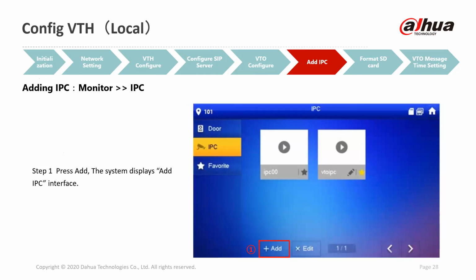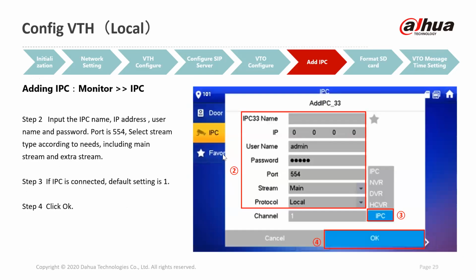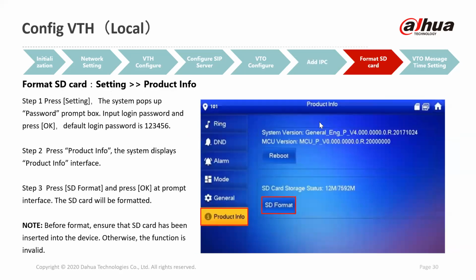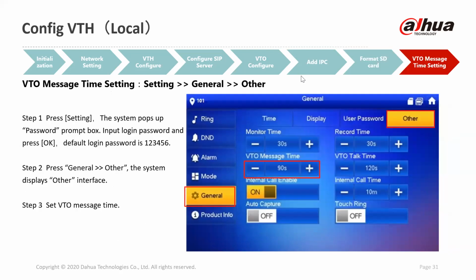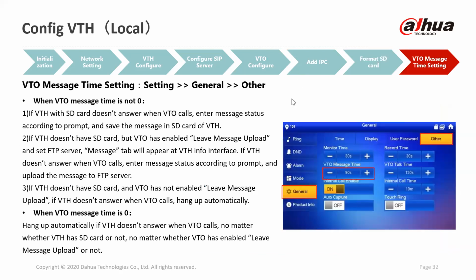Then add IPC. So adding IPC, you must add the camera, the IP address, and click OK. Format the SD card. Then the video message time settings: setting, general, others.